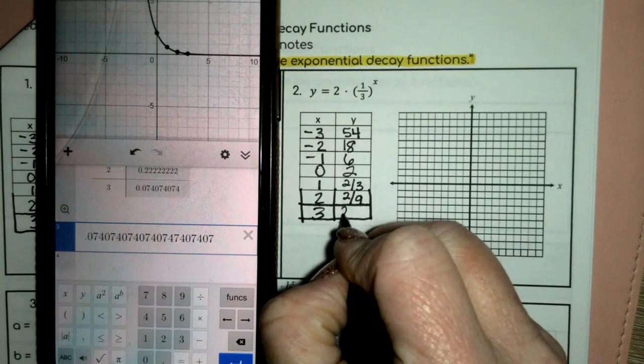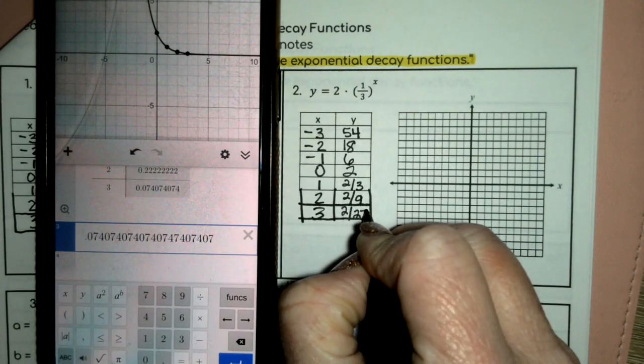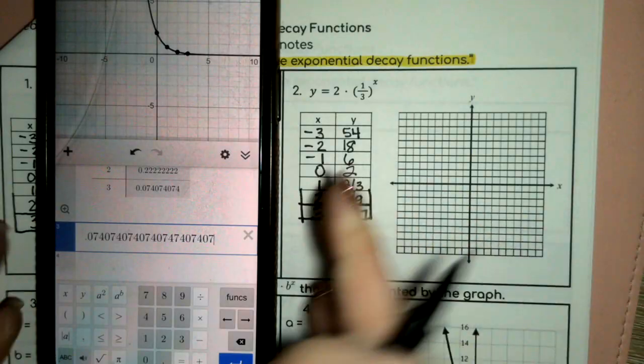I'm struggling trying to type it in. It is 2 over 27.